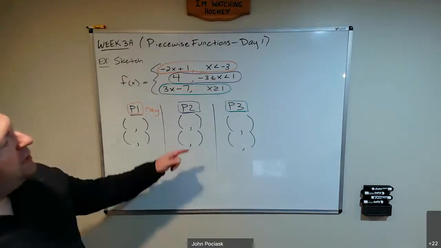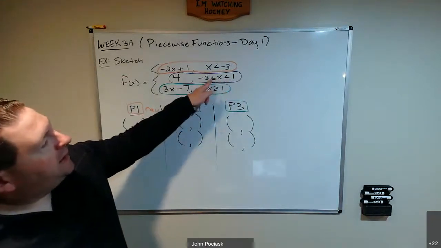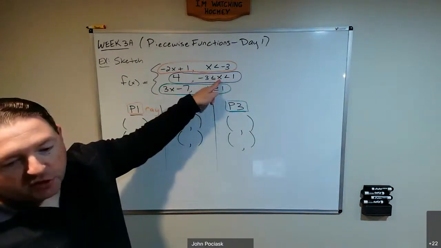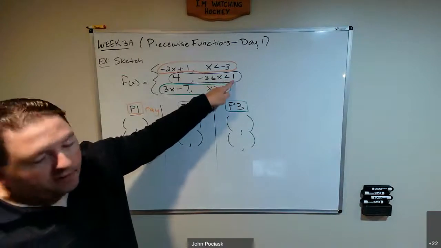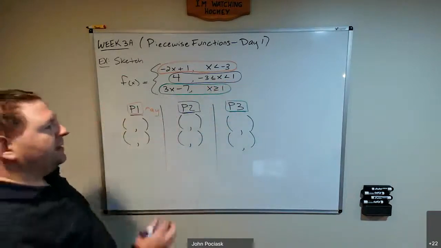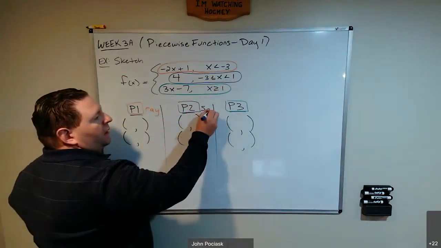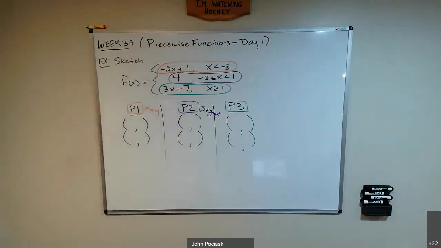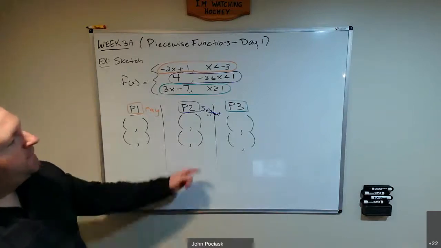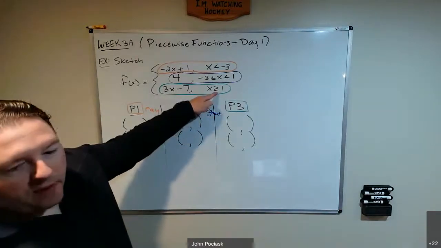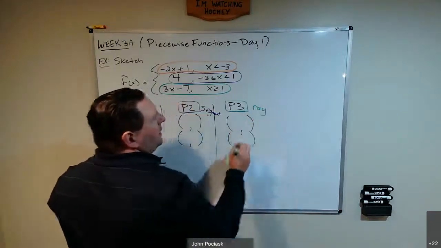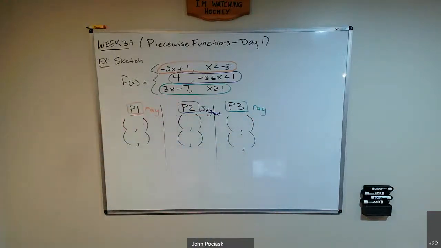For piece 2, it's a compound inequality. If it's a compound inequality like this with x in the middle, that means you're going to have a start and an end, which means it's going to be a line segment. Okay. And then piece 3 starts at 1 and goes on forever. That's what a ray does. It starts somewhere and goes on forever. So these are your 3 pieces.